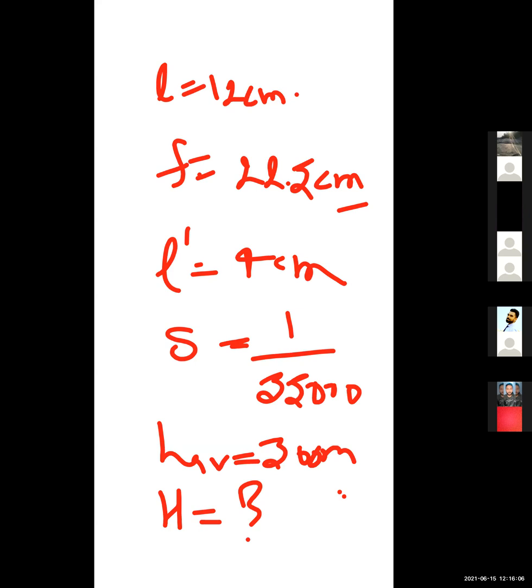The scale of the map is given, so we have to find the scale of the photograph. The scale of the photograph is photo distance by ground distance.